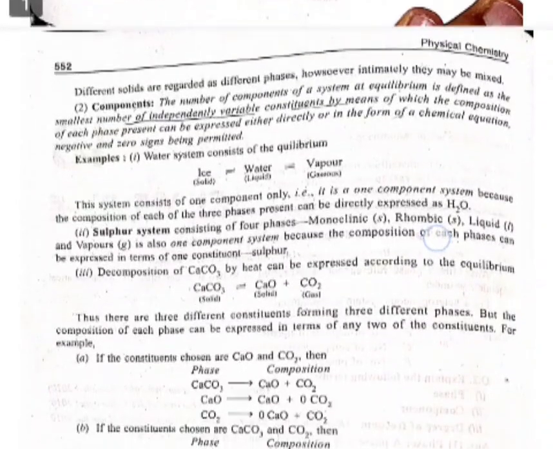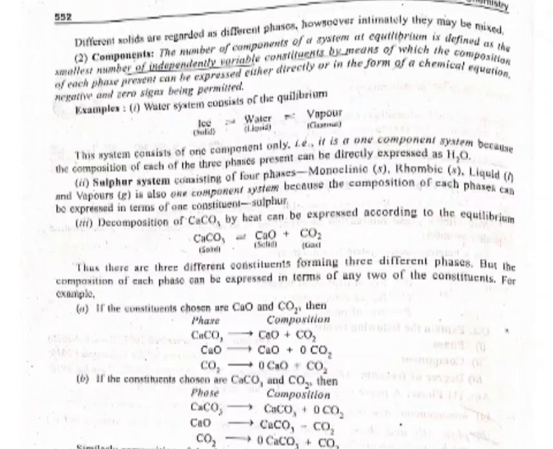For example, if the constituents are calcium oxide and carbon dioxide, the phase composition is: CaCO3 = CaO + CO2, CaO = CaO + 0 CO2, CO2 = 0 CaO + CO2. If the constituents are calcium carbonate and carbon dioxide, then the phase composition is: CaCO3 = CaCO3 + 0 CO2, CaO = CaCO3 − CO2, CO2 = 0 CaCO3 + CO2.